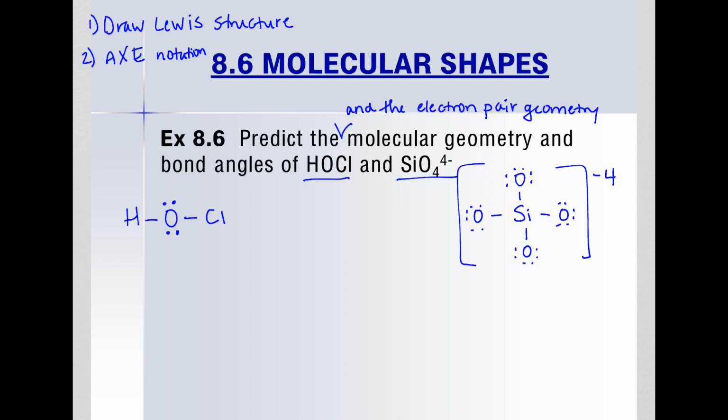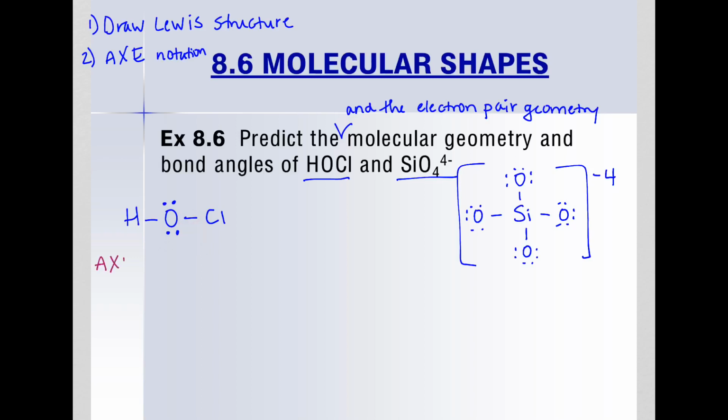Okay, so if you draw your Lewis structures correctly, this should be what you have. Over here we have this one, and over here we have this one. So now that we have our Lewis structures, our next step is to determine the AXE notation. Remember that X's are atoms attached to the center, and E's are lone pairs of electrons on the center. So if I look at this one, I have 1, 2 attached atoms, and 1, 2 lone pairs of electrons on the center.